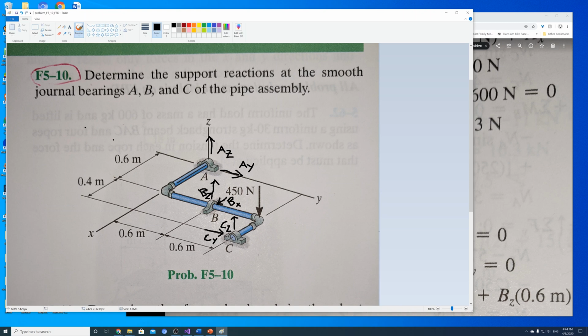Well, what did we find about Bx already? Bx was zero. So if we go all the way over here, then we have a Cy component. The only forces we're looking at are forces in the xy plane.